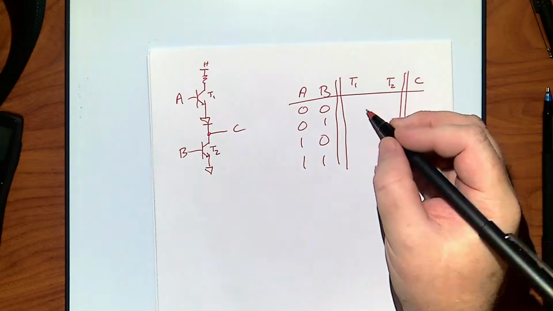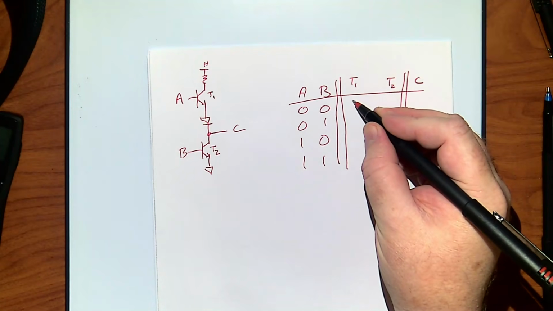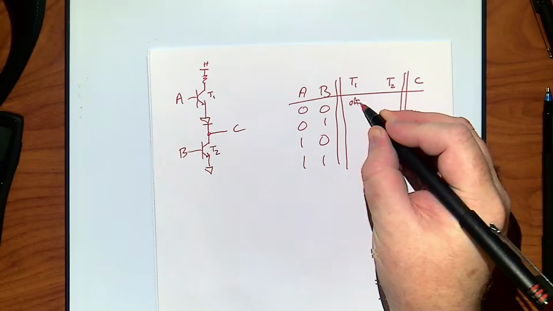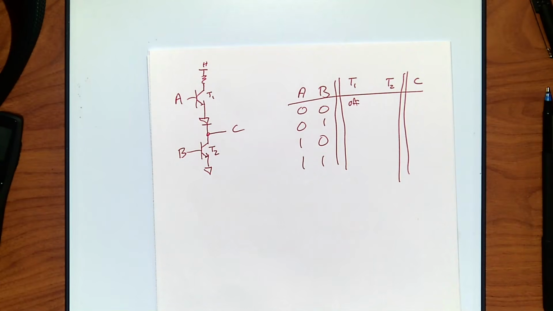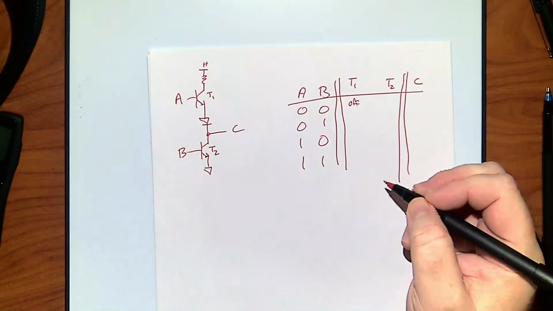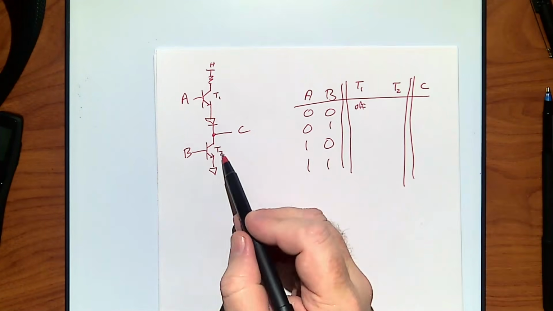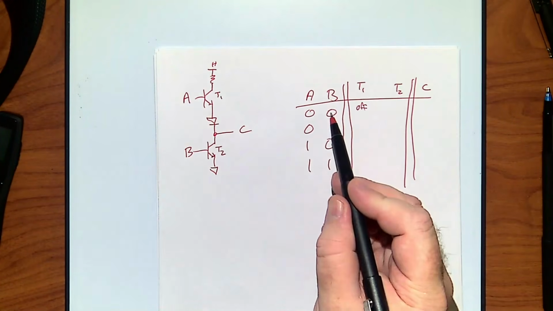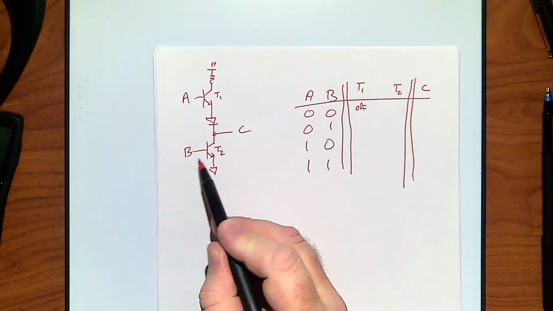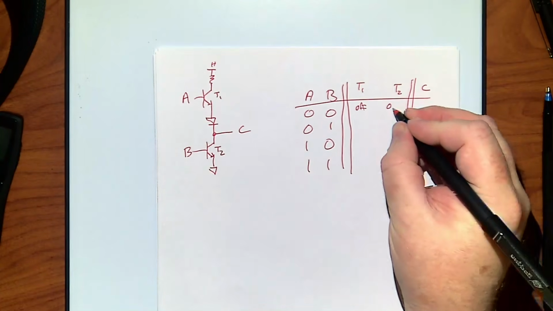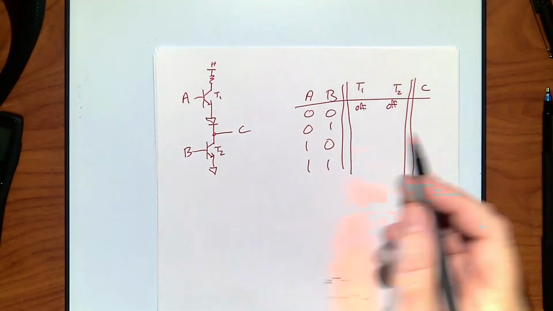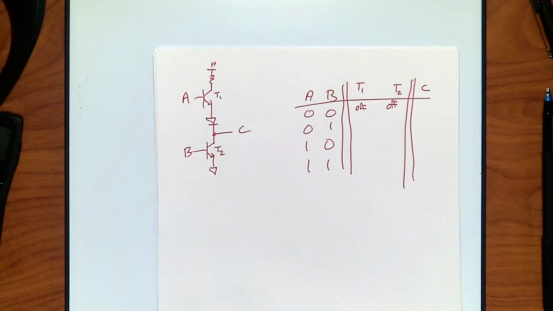If A is 0, T1 is off, right? It's not conducting. How about T2? Well, if B is 0, T2 is off, right? That means this is completely disconnected.